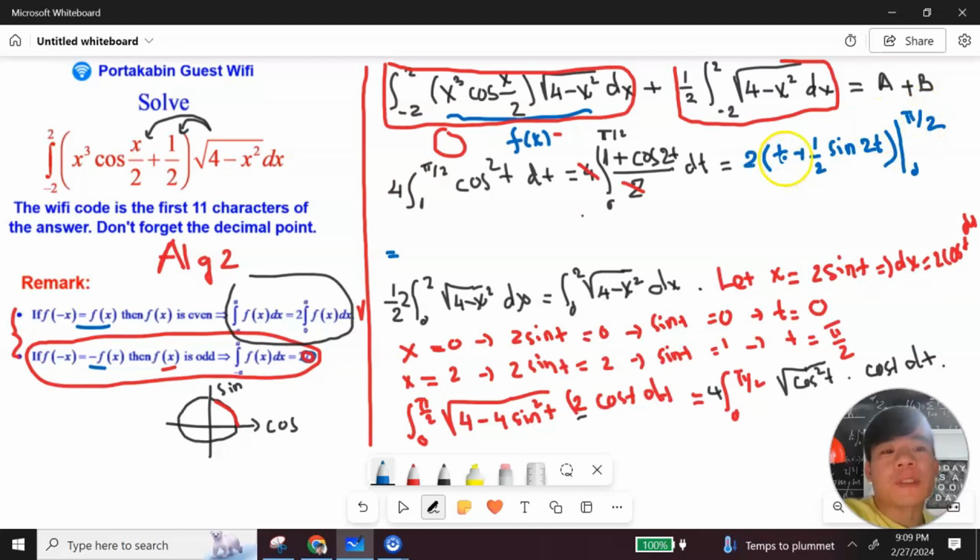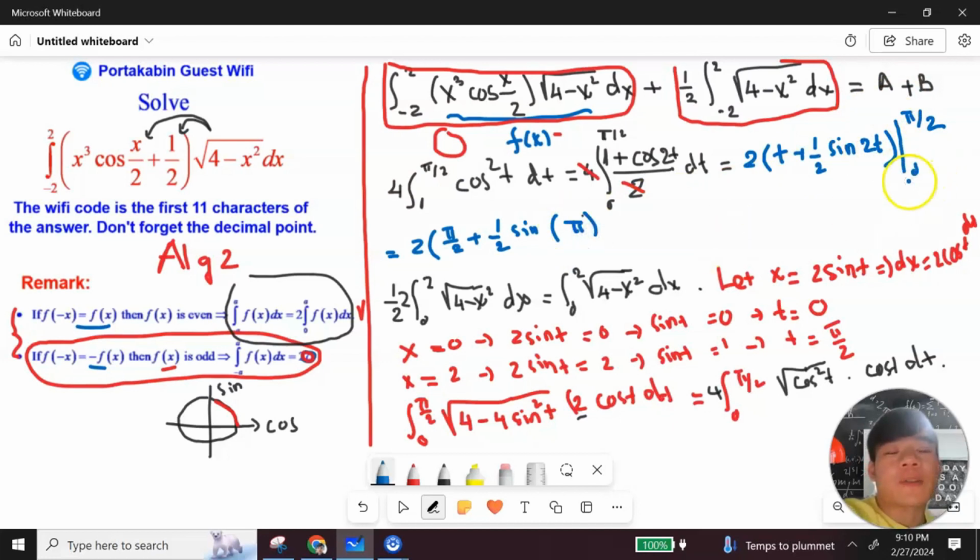Substitute pi over 2 into this expression right here. So you have 2 times pi over 2 plus 1 half sine pi. 2 times pi over 2 means pi.